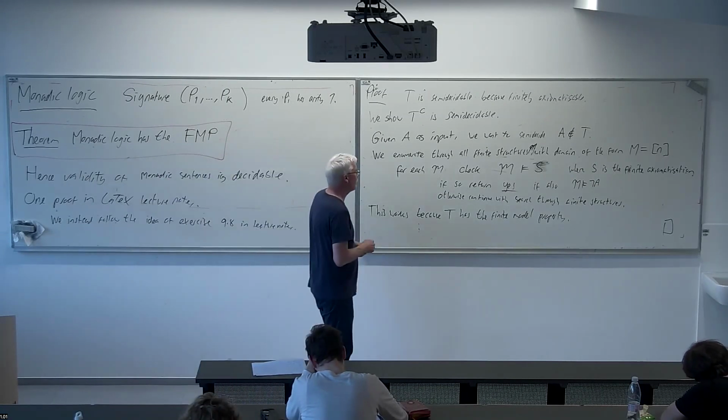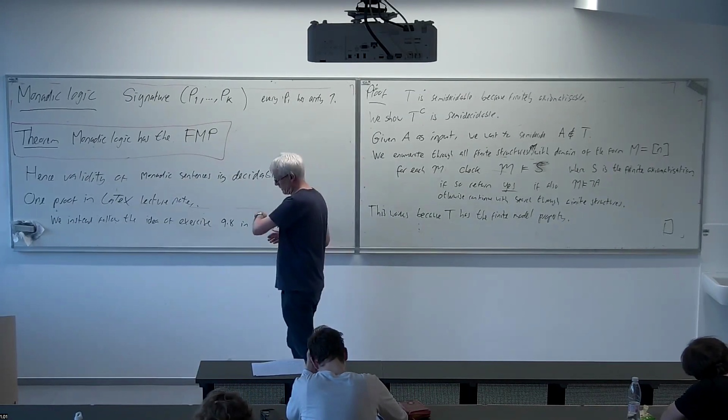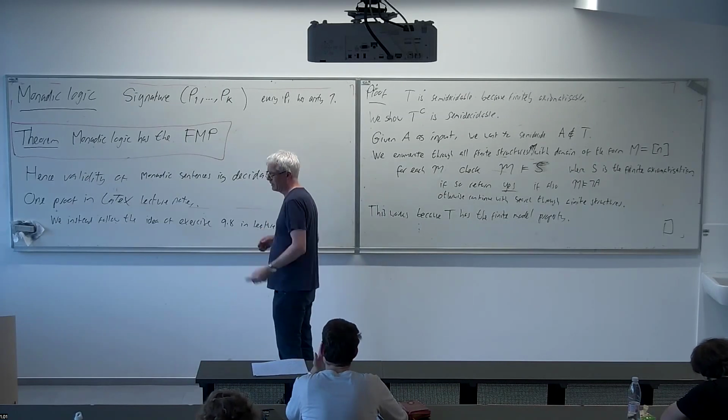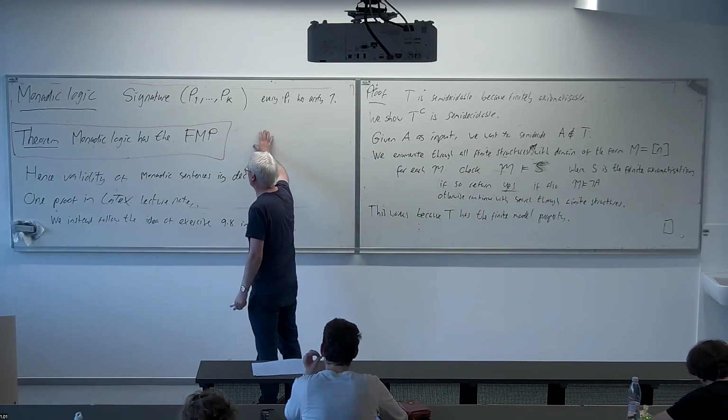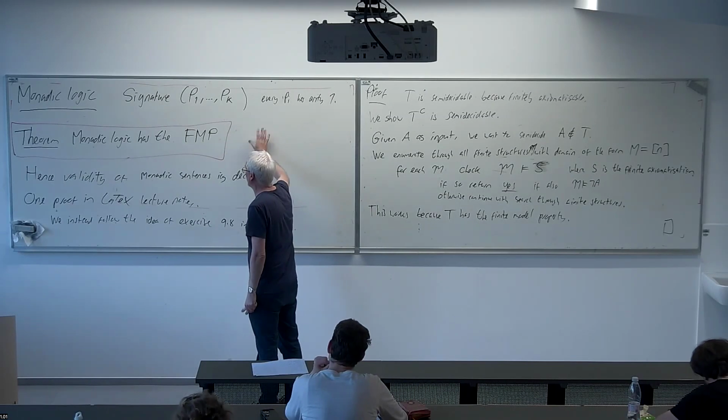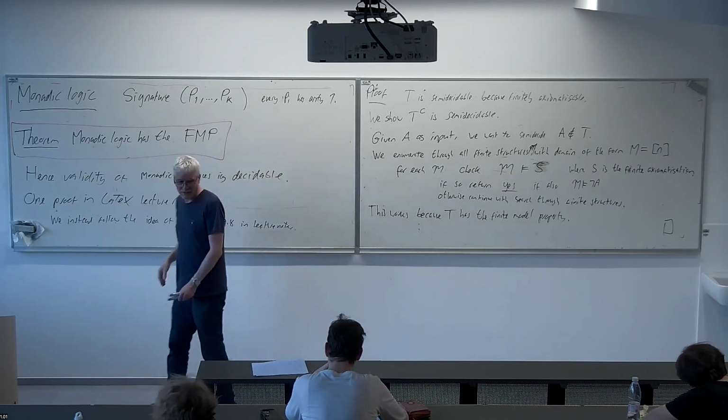Right, so we want to prove that if a sentence in monadic logic has a model, then it has a finite model.